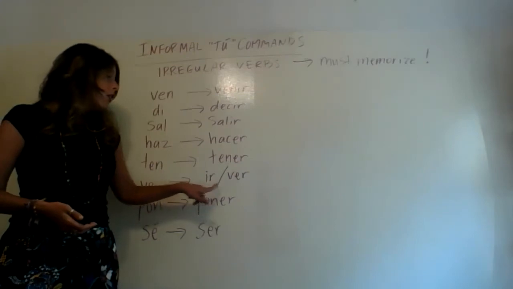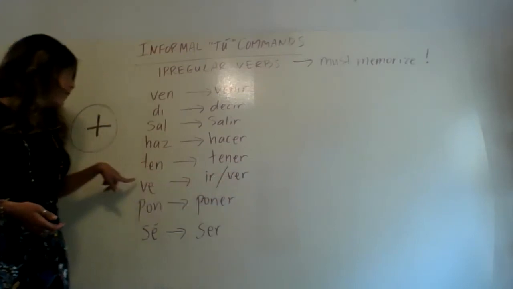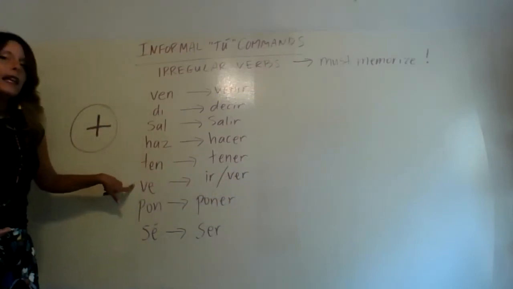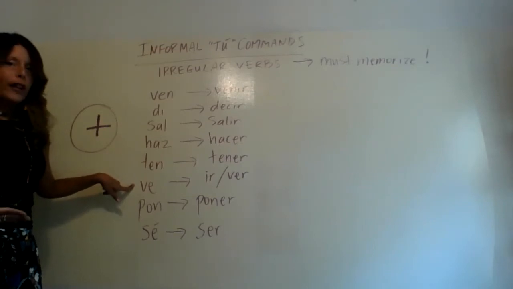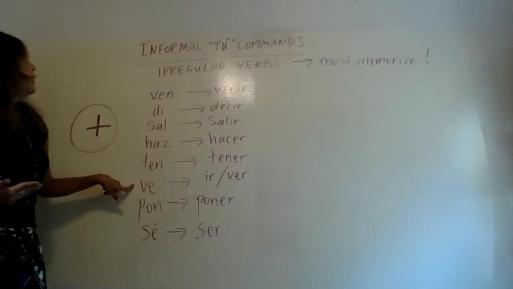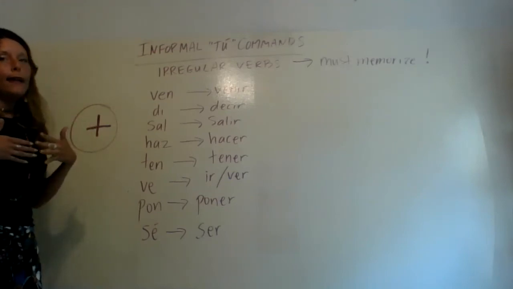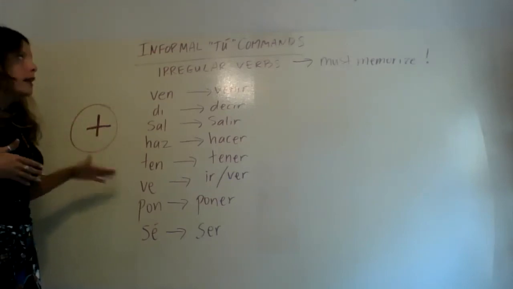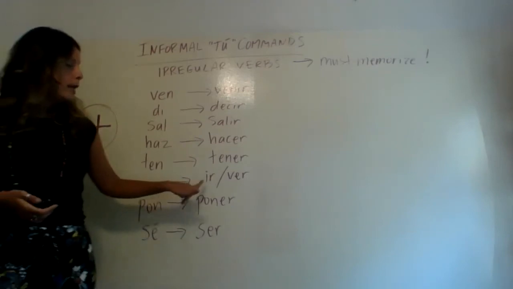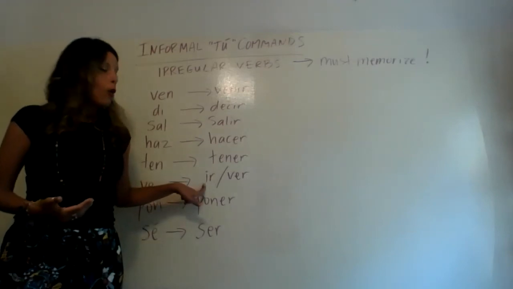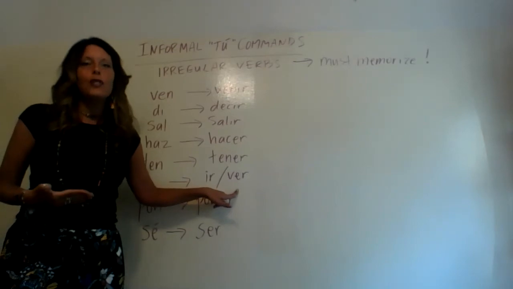For ir or ver, we have the same irregular affirmative informal tú command. So it doesn't matter whether you want to make an affirmative informal tú command with the verb ir, to go, or with the verb ver, to see.